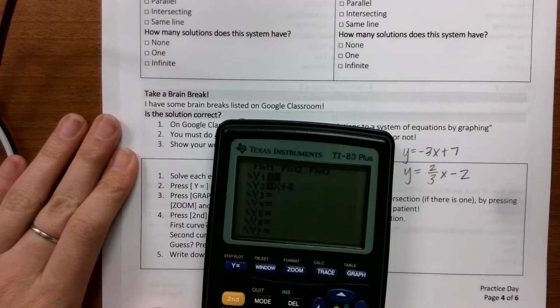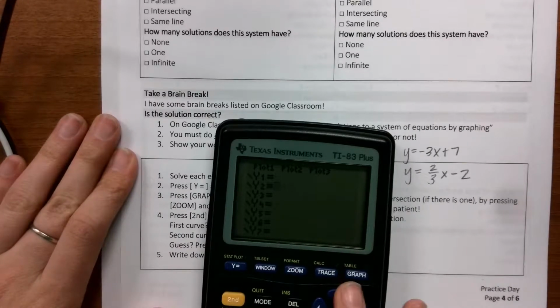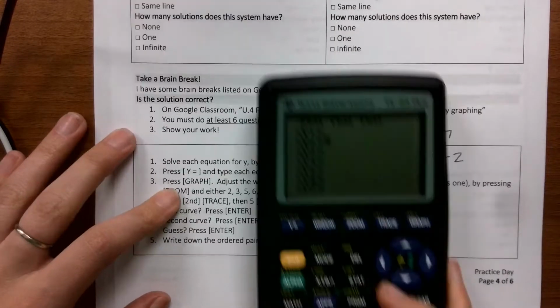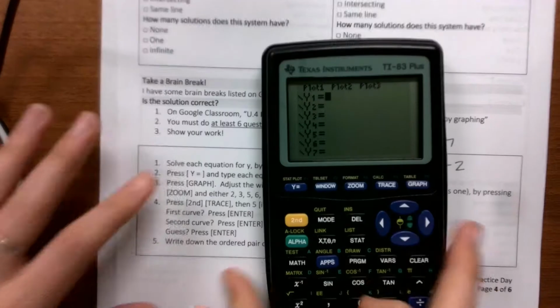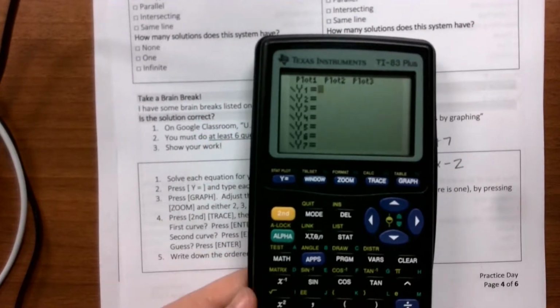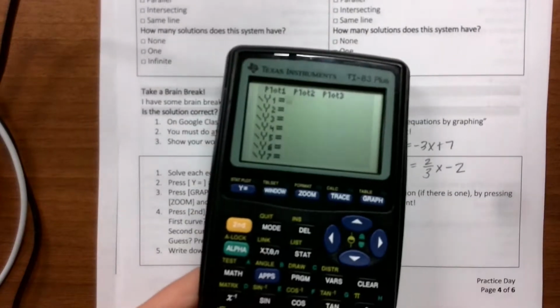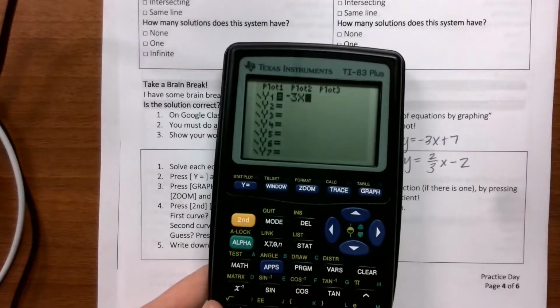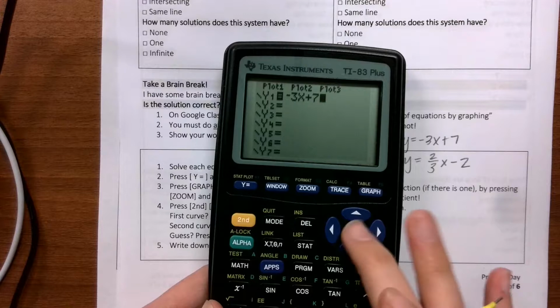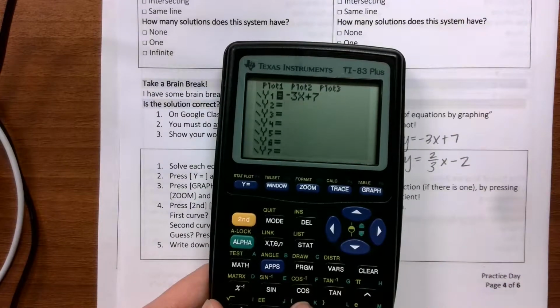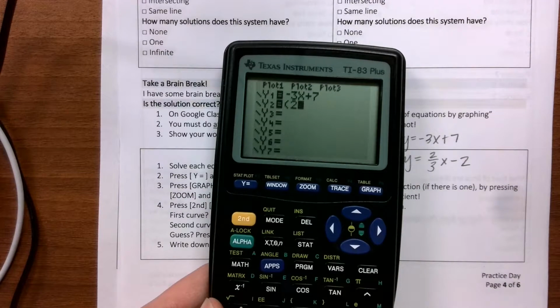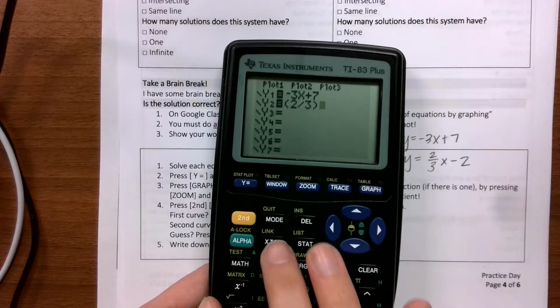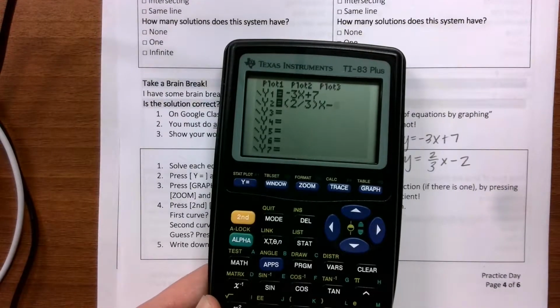These are my two equations. They're both in slope-intercept form. Graph negative 3x plus 7. If I'm doing fractions, make sure that you put parentheses around. Those of you who are on the art field trip might have a hard time with this, so don't worry about it.